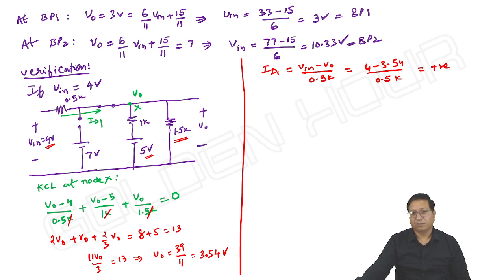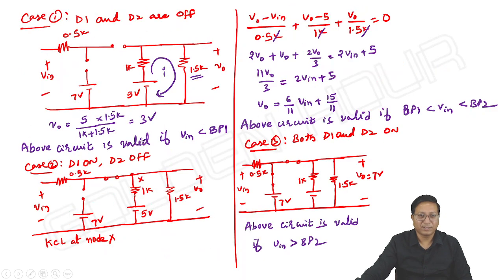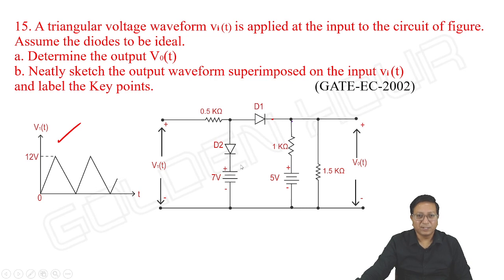Okay, so what happens if I take input equal to 8 volts? More than 7 I'm taking, but not going up to 10.33. Above 7 I'm taking. So if V input is some 8 volts, for 8 volts it looks like D2 should conduct.